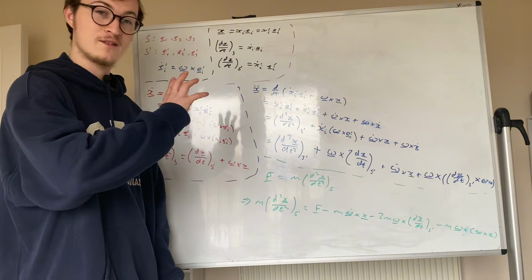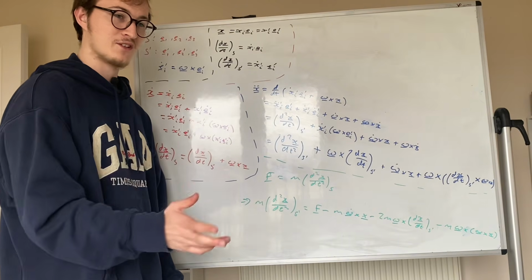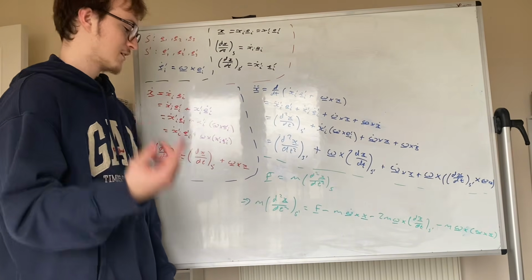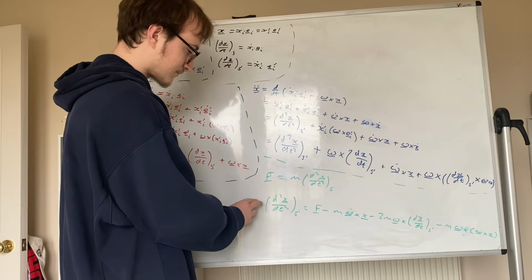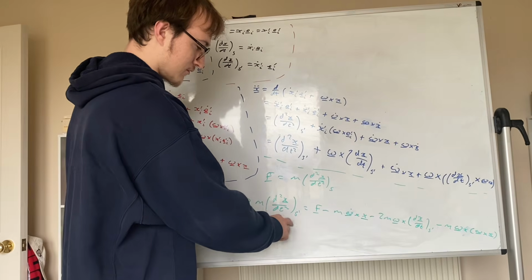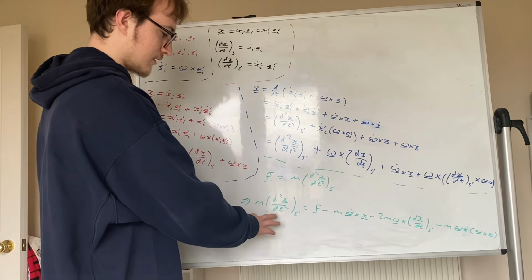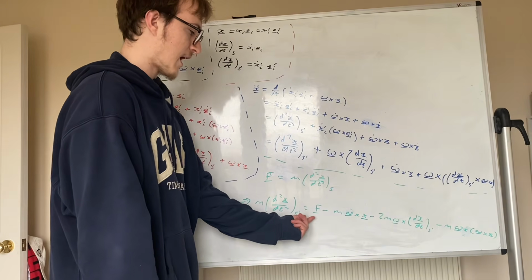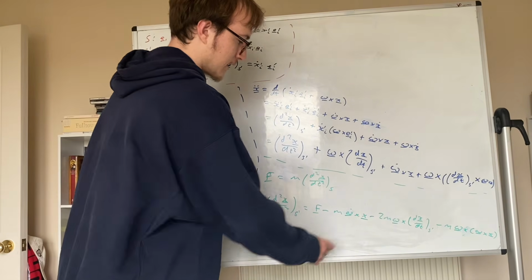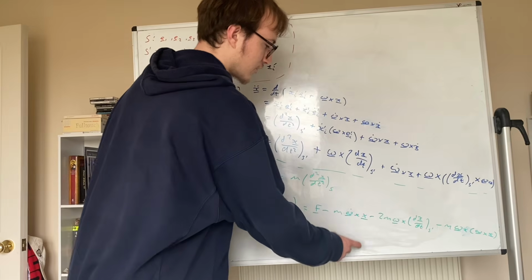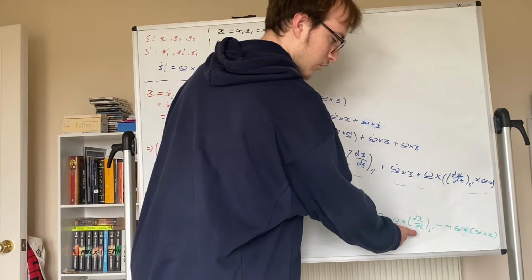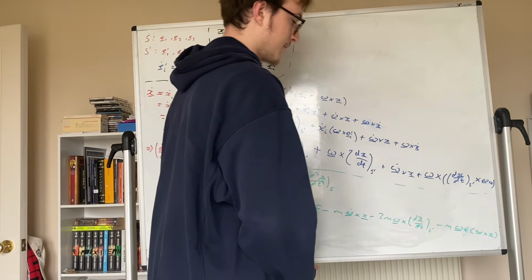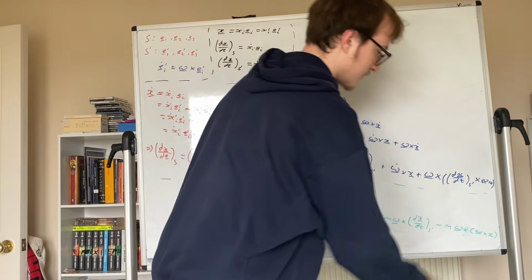And the important example in this case is a rotating frame in which ma, from the perspective of the rotating frame, is F minus, and then this thing here is called the Euler force. This thing here is the Coriolis force, which we looked at last time, and then this here is the centrifugal force.